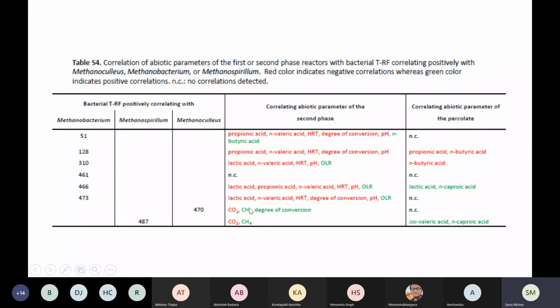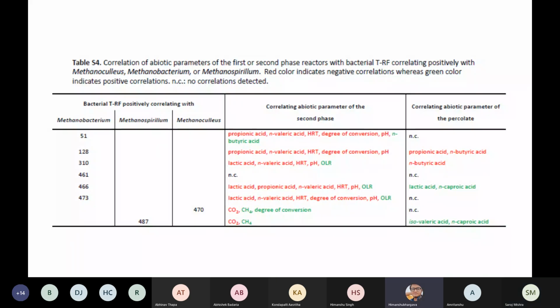So the idea is to ask, do I have a process for stripping carbon dioxide from the reactor at this stage? Because that is going to negatively affect my methane producing microorganisms. So this is what I learned from this data as a process engineer, and this is the way I'm going to operate my reactor.